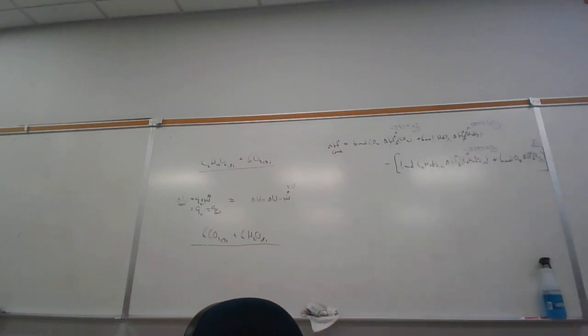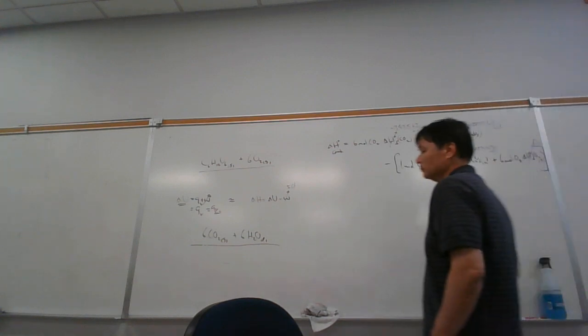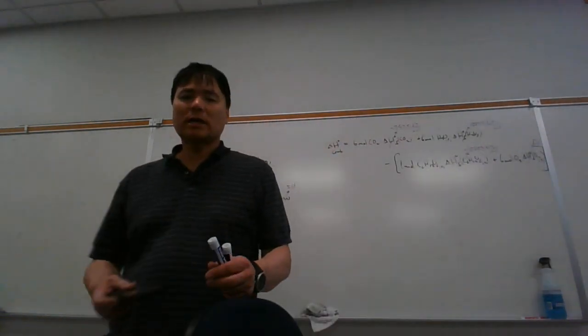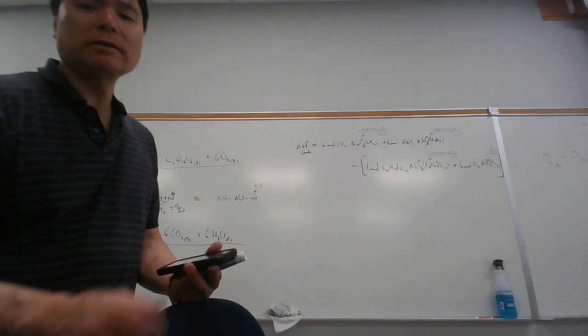And H2O solid also has a different delta H formation. They don't show it here because the solid is not stable at 298. This data table is for 298 Kelvin. All right, so let's calculate it. Can somebody calculate this?